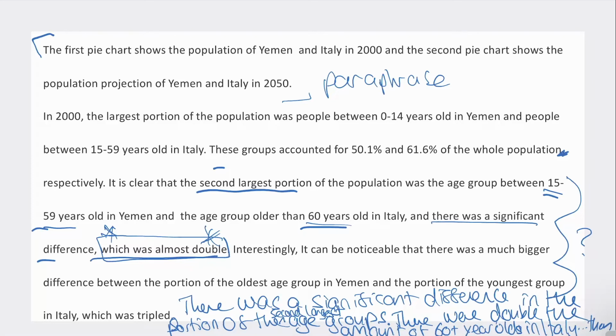Interestingly, it can be noticeable that there was a much bigger difference between the portion of the oldest age group in Yemen and the portion of the youngest group in Italy, which was tripled. I don't like which was tripled. It's passive. Was triple the amount of, okay?